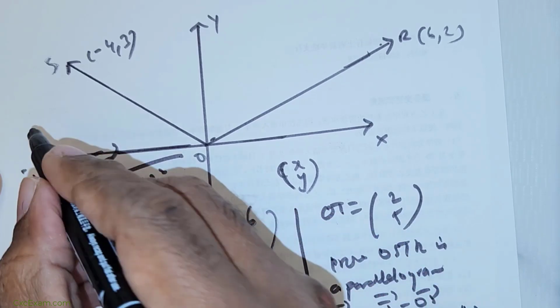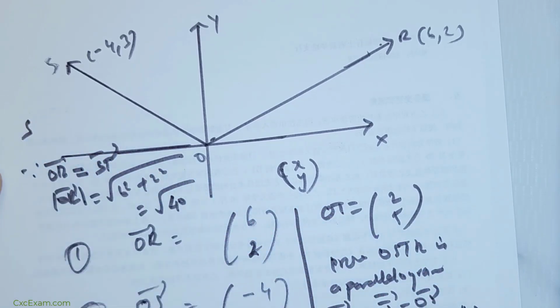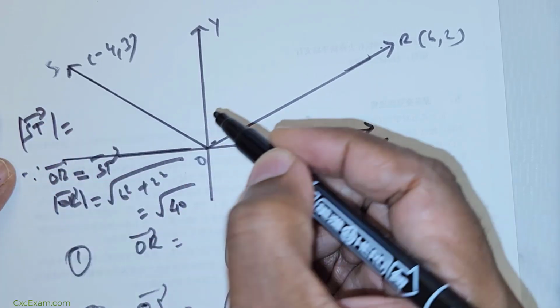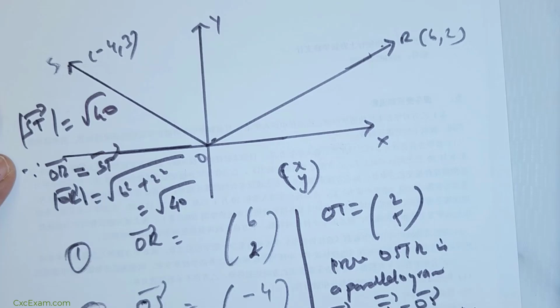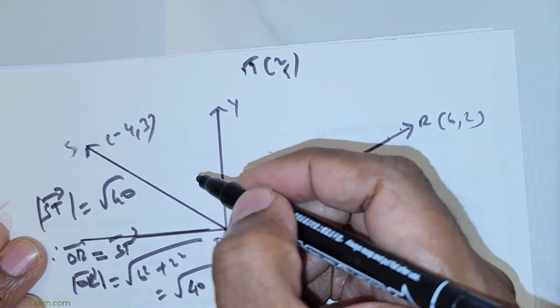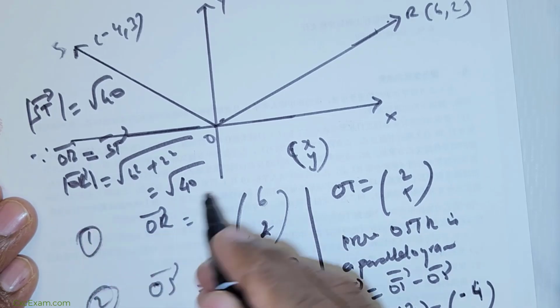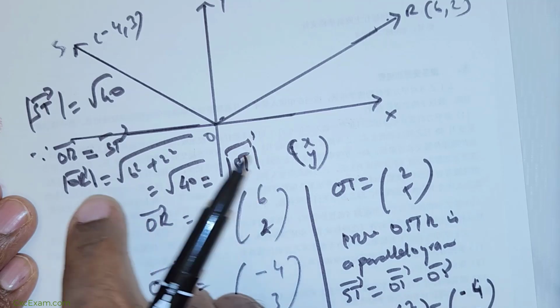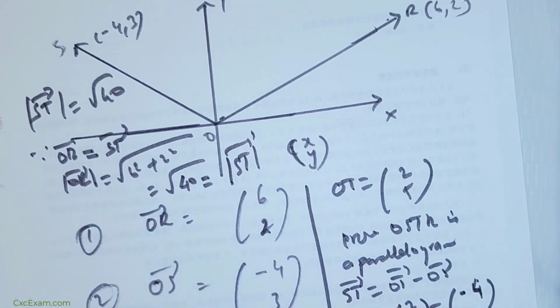And also the magnitude of ST vector will also be root of 40, because of the fact ST is [6; 2]. Okay, so this is nothing but the magnitude of ST vector. So how do you conclude it? You can make the following conclusion.